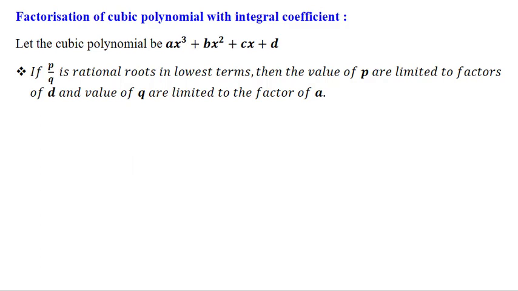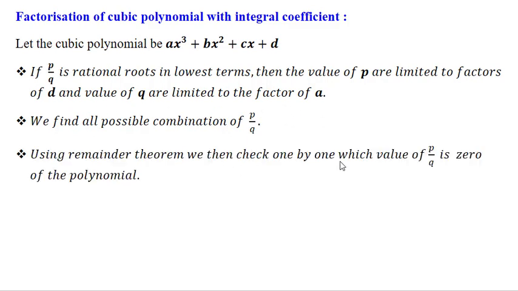So if p by q is a rational root, then this p will be a factor of this d and this denominator q will be a factor of a. So I will find the factors of d and factors of a. Then I will find all possible combinations of p by q. After that I will check one by one whether these different values which I got are the zeros or not.